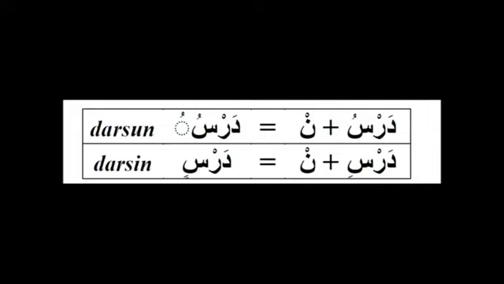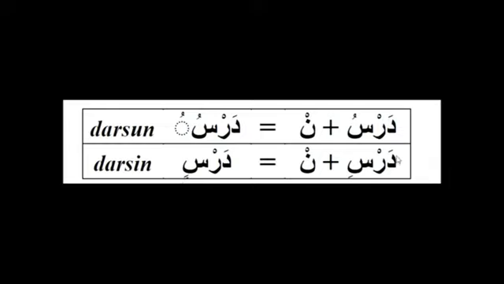But for now, we're just learning the concept that there is something called tanween that makes the sound of un. So when you see these two kasras, it means there is un at the end, or actually not un, in. Darsin, because the kasra makes not u. So darsin.